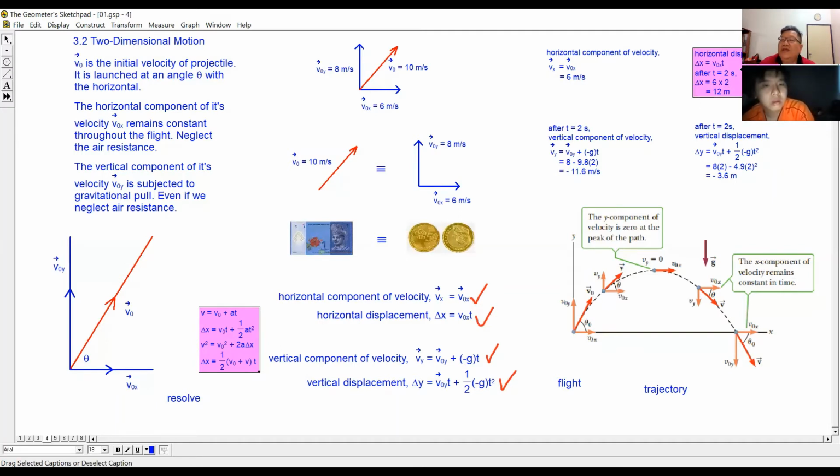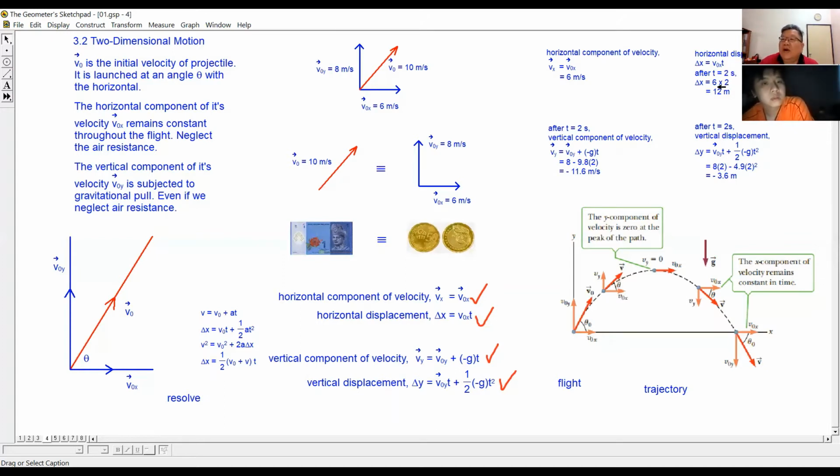All you need to do is, if you want to find the displacement, you use the velocity times time. That's all. So the horizontal component is very simple. Horizontal component of the velocity is always fixed. The horizontal distance, how much you travel in front, you just take the horizontal component multiplied with time.